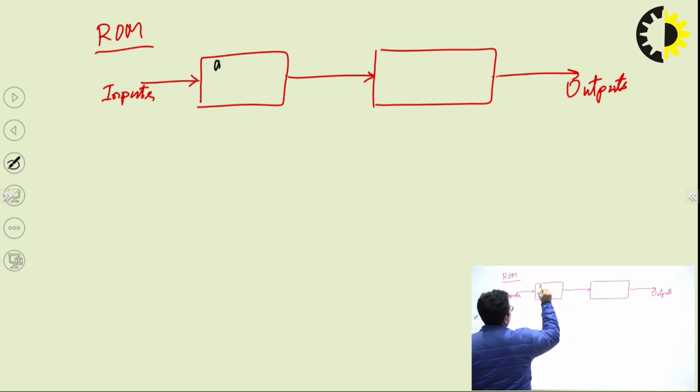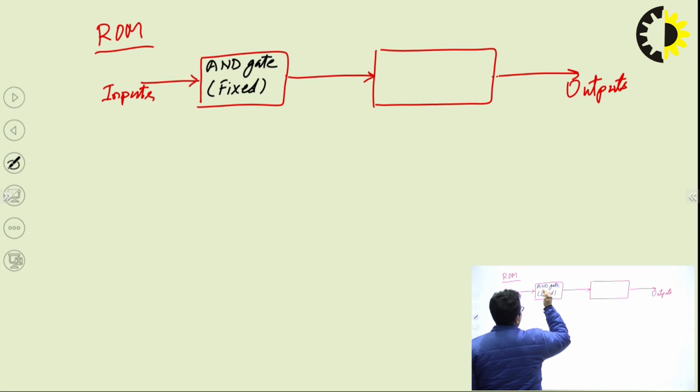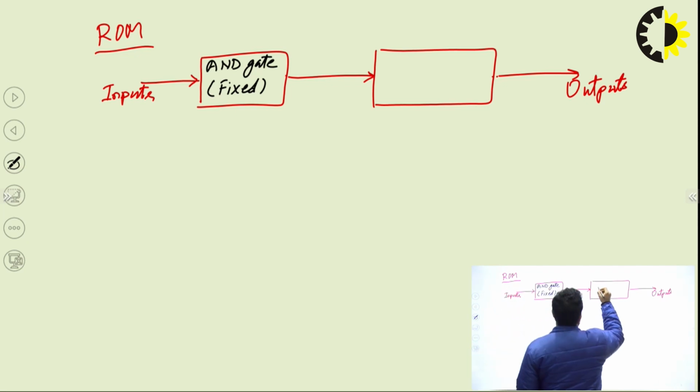That means the AND gate is fixed, or you can also write AND gate array. Here the OR gate array is also fixed.